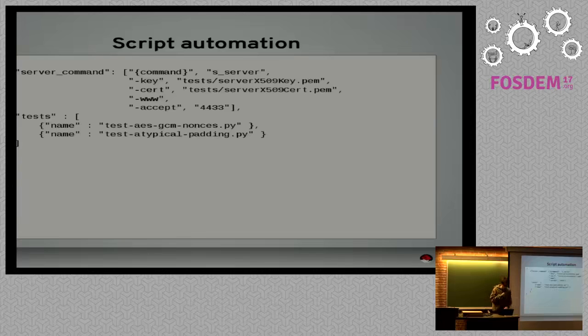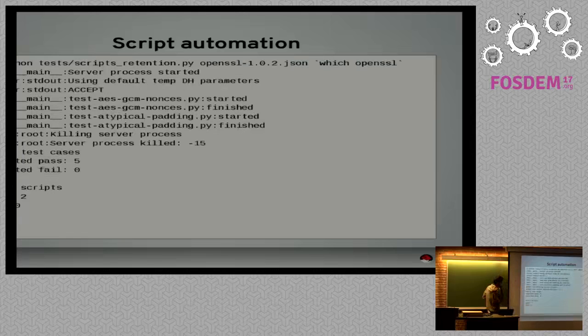If we run this example, we'll get this kind of result that tells us it ran that test, there were no errors so it doesn't print anything, it's finished, then another test, and again finished, then killed the server. The server was killed by the SIGTERM signal, and it ran 5 test cases overall, none failed, so 2 scripts passed and 0 failed.